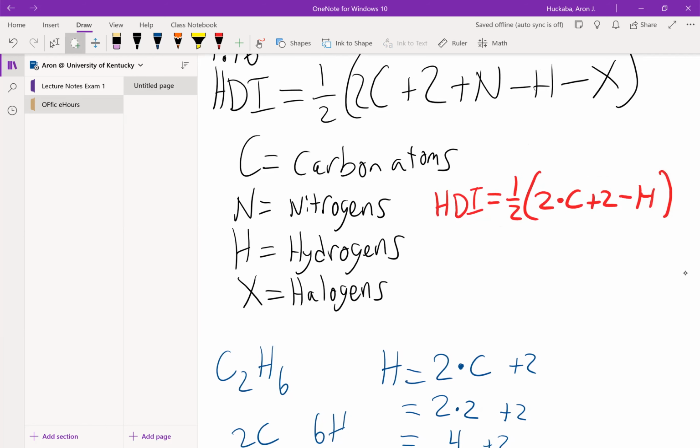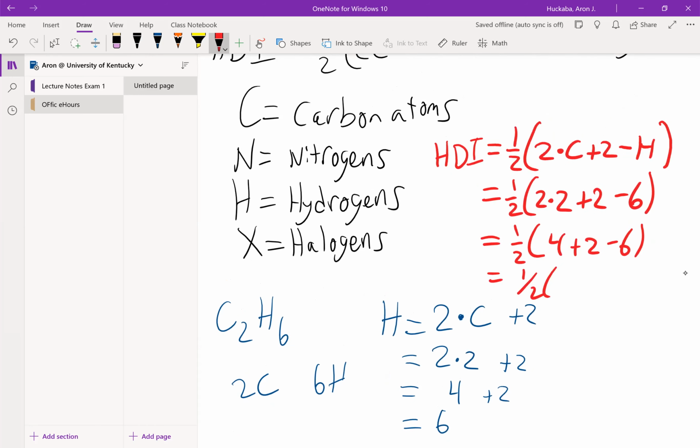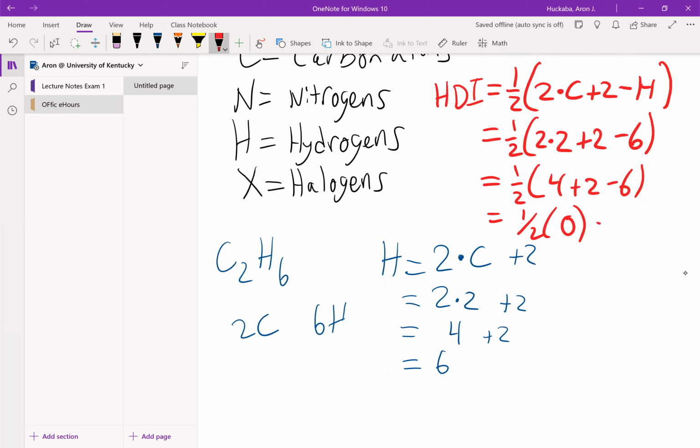Then moving forward with that, we have this equal to 1/2 times 2 times 2, because we're working with C2H6, plus 2 minus 6. So that is equal to 1/2 times 4 plus 2 minus 6, which is equal to 1/2 of 0, which is equal to 0. So C2H6 has an HDI of 0, meaning it has no double bonds and no rings.